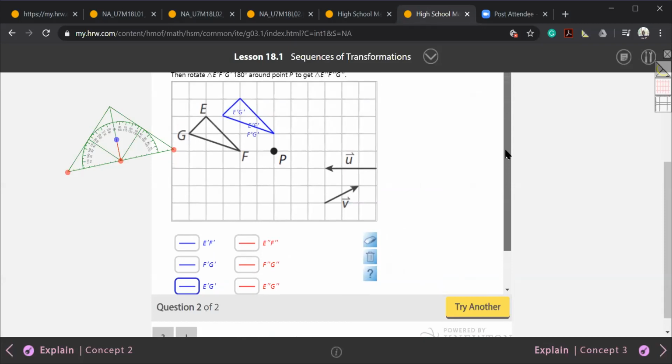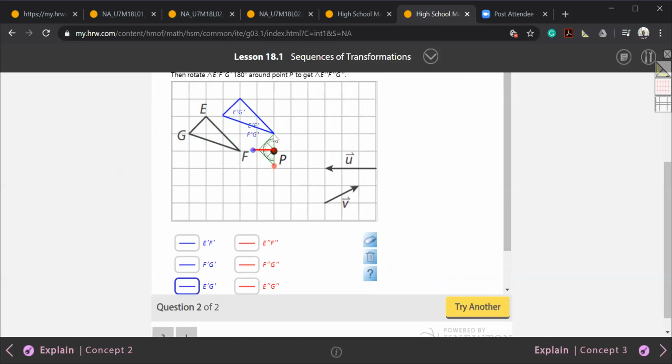Okay. Now I'm going to get my protractor, put the center on the center of rotation, and then put the line on the line. Beginning by, for example, rotating F prime. So let's put it like this.